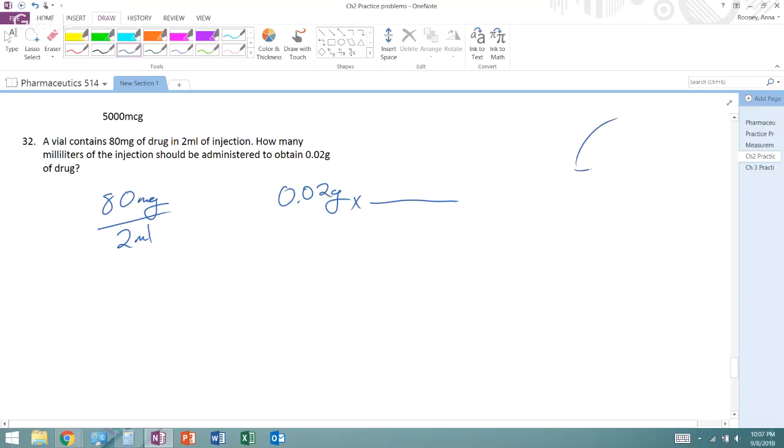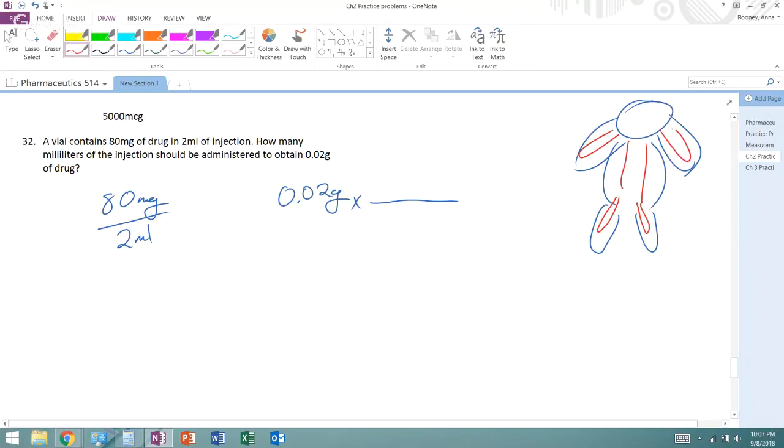So we're going to draw a fat person just to explain why this might happen. So they're very, very fat, and this is their muscles. And so all the drug gets stuck here in their fat, whereas a skinny person, let's draw their muscles.